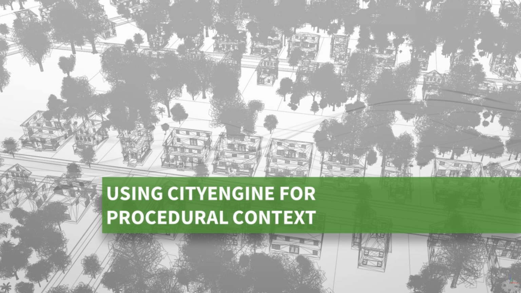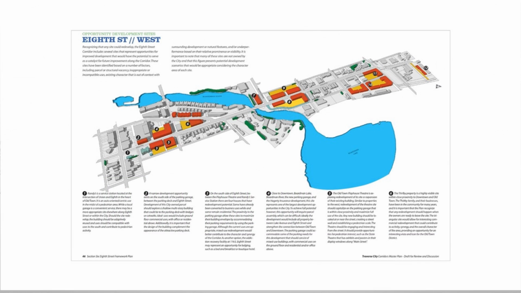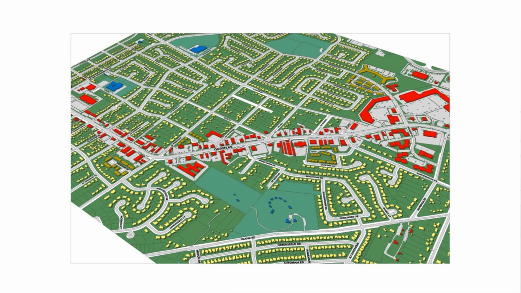Using CityEngine for procedural context is the first thing I'd like to highlight. These are some of the older graphics that we developed in SketchUp, and I still love the look of these graphics, but I look at the buildings that set up this scene, and they are real blocky.